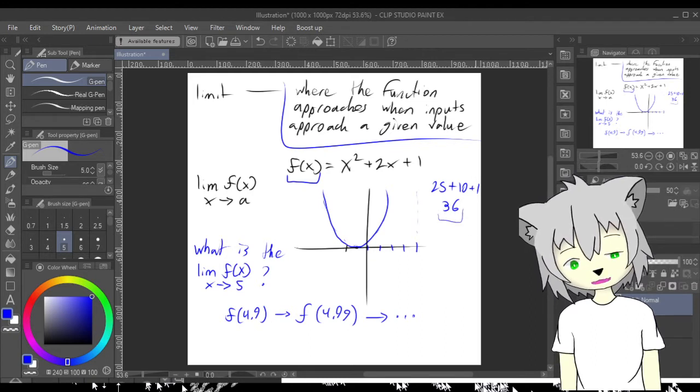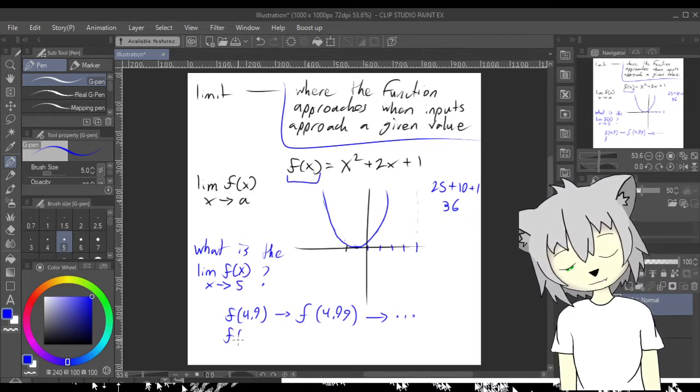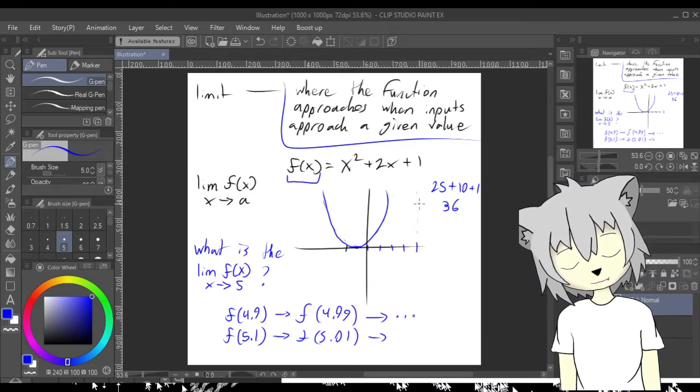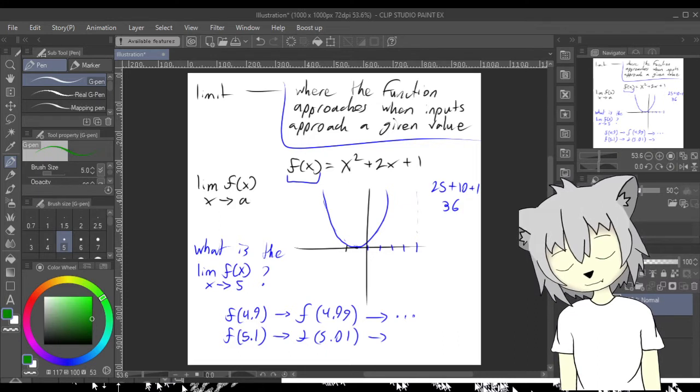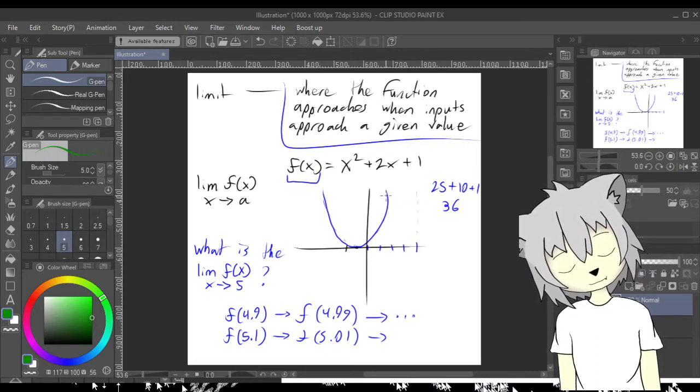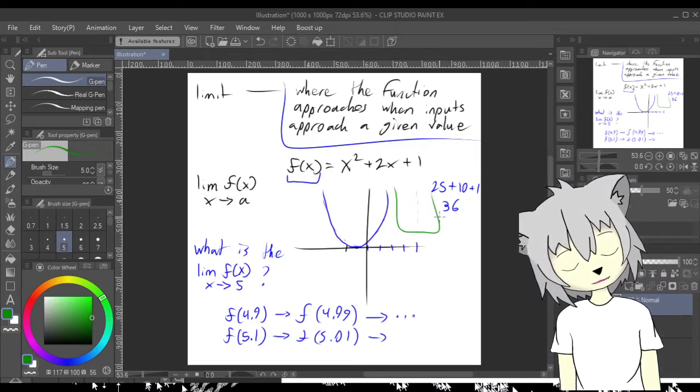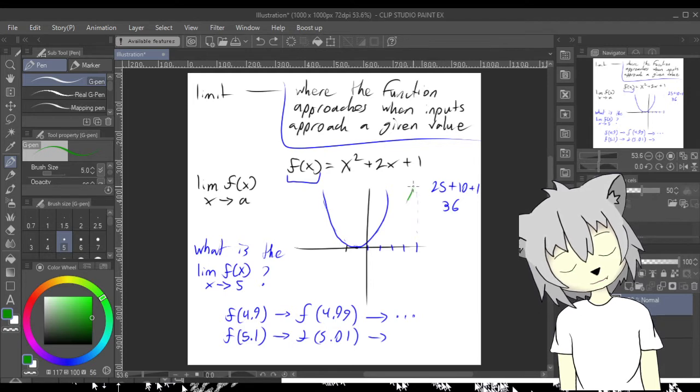And you also do it for the other end as well, 5.1, then f of 5.01. You're basically approaching the graph wherever that is. Let's just pretend we've zoomed in on the graph at this point, somewhere up there.